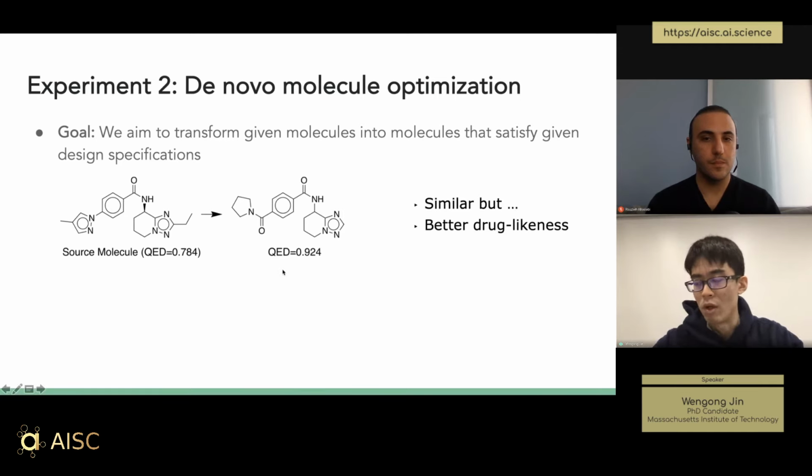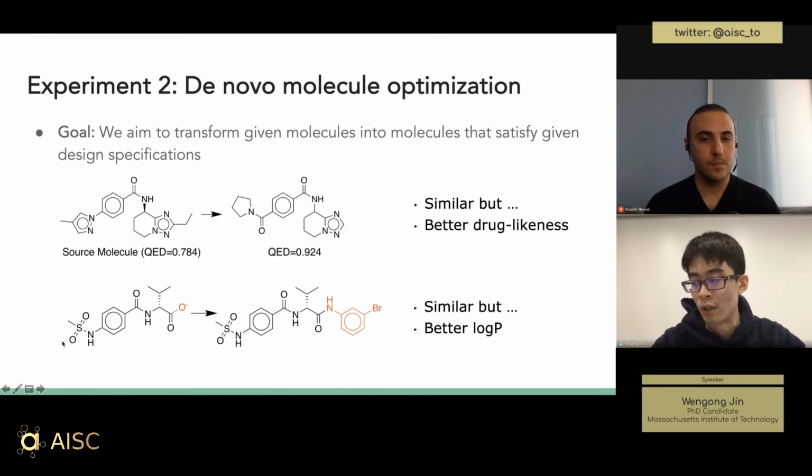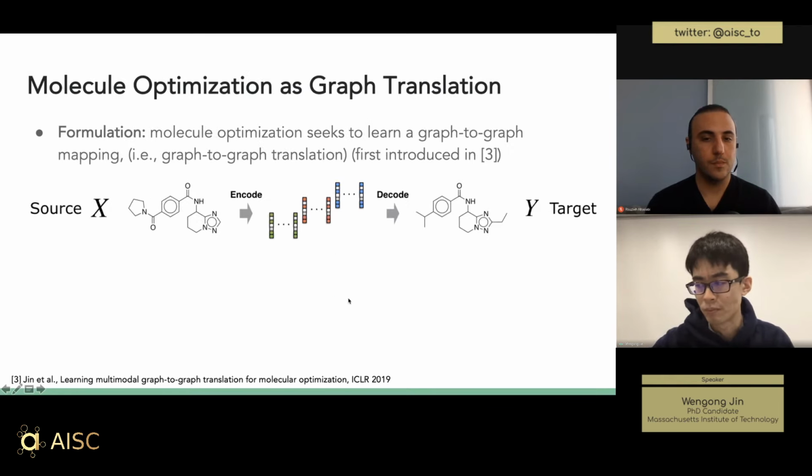So, for example, we may want to modify this compound to be more drug-like while maintaining its potency. We may also want to modify this compound to be more soluble, or to have a higher log-P while remaining potent.